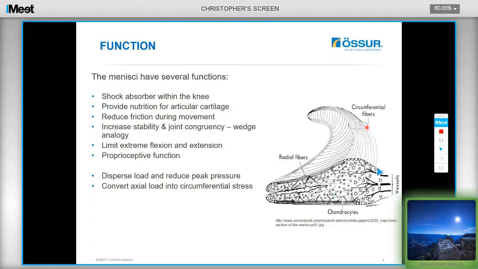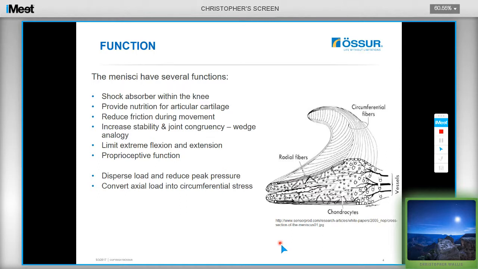But probably more importantly are these circumferential fibres towards the outer surface, and the meniscus is made up of about 85% of the fibres being circumferential. What this is able to do is convert the axial load into circumferential or hoop stress.